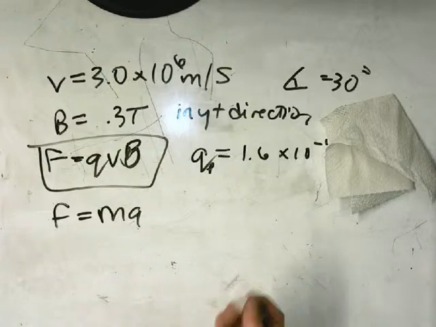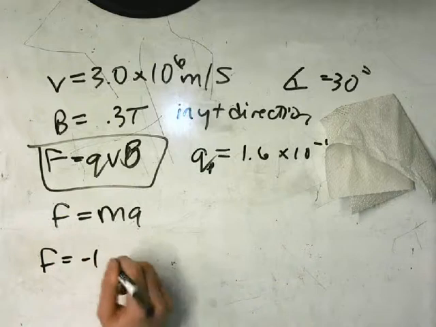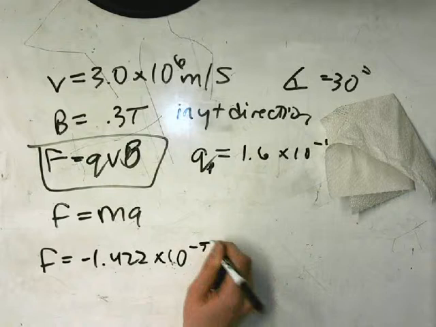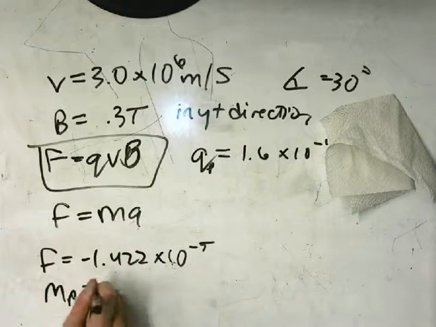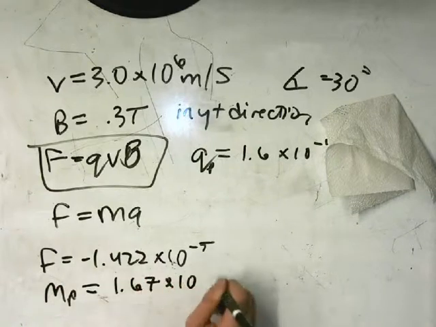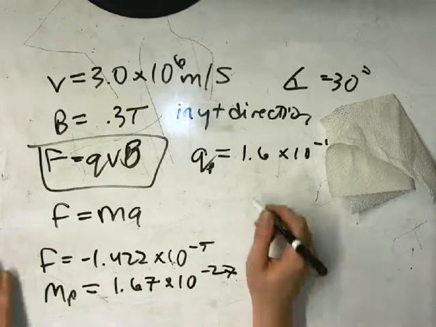We know from the previous problem that F is equal to negative 1.422 times 10 to the negative 5th. And we know that the mass of a proton is 1.67 times 10 to the negative 27th. So we plug this into the equation.